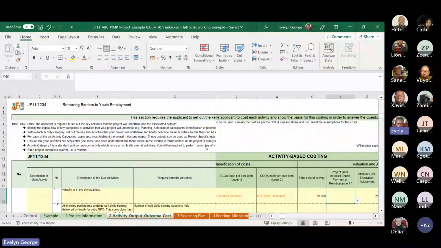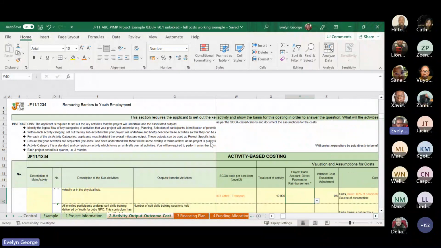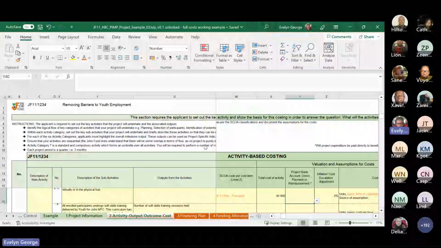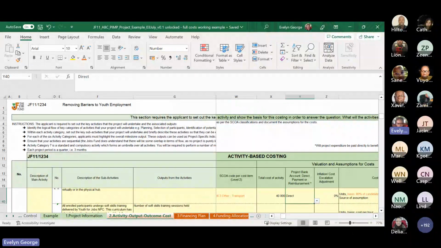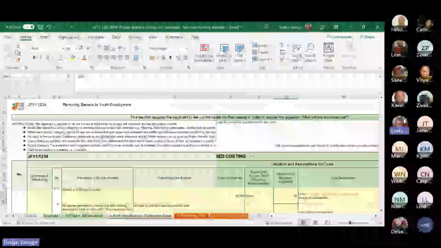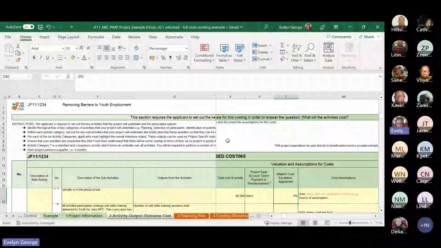Again, it should be a direct cost. You will just have to tell us if you're paying it via e-wallets or vouchers and so on, or if you're actually organizing a transport service. Again, we have no escalation because it's once off, and there we are saying it's 100 Rand per candidate per day.